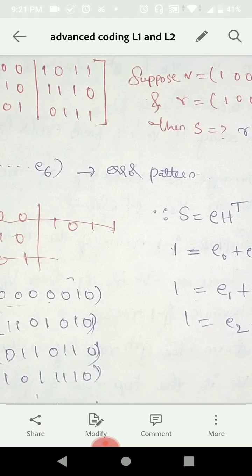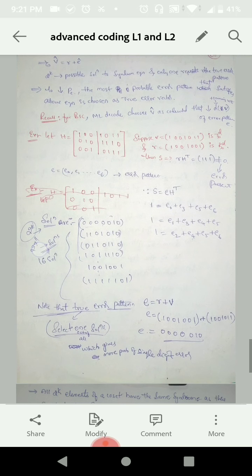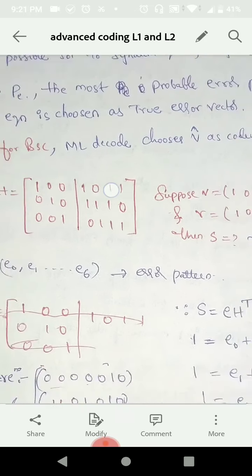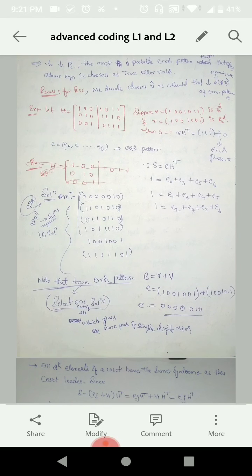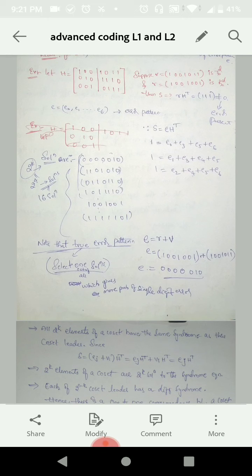We got three syndrome values, by which we get 2 power 4 solutions, because the parity bits are 4, right? So depending on the parity bits, we are going to have 2 power 4 solutions. After getting all the possible solutions, we need to choose one particular solution to get the error pattern.